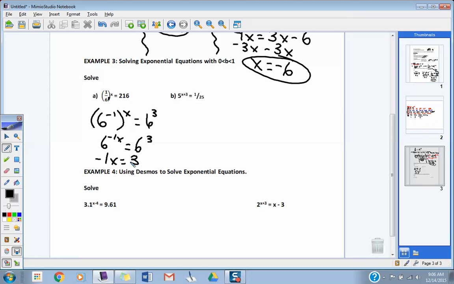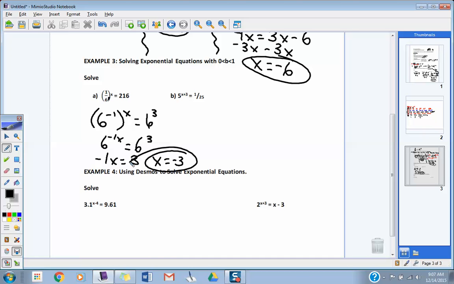Negative 3. Thank you, John. X equals negative 3. Good stuff. You are correct, sir.